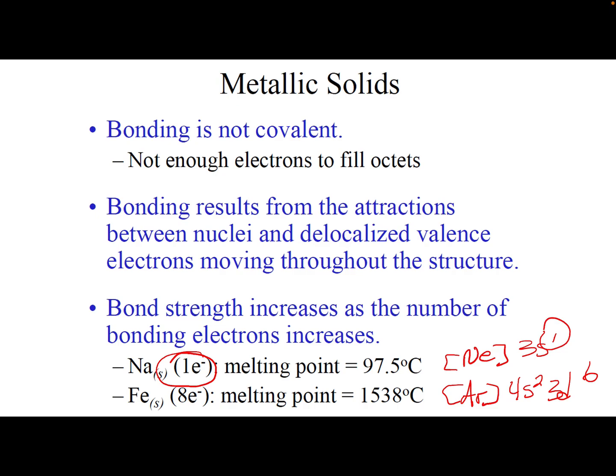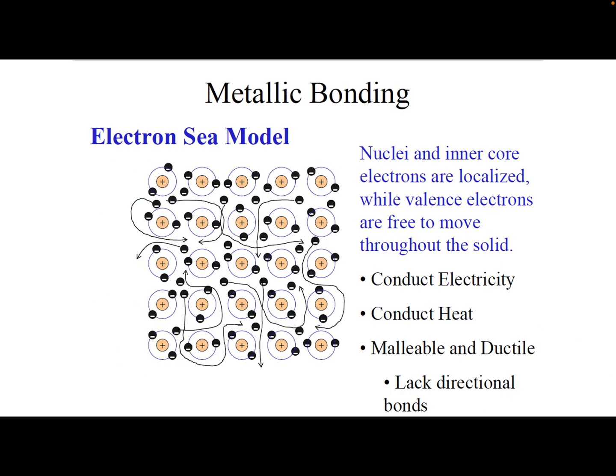Our bonding electrons are any of these that appear after the abbreviated electron configuration. So it's these 2 4s's as well as these 6 3ds. And so there are more electrons. And so the metallic bonds in iron will be stronger, harder to get from a solid to a liquid phase. And so you'll notice the melting point is much, much higher, more energy is necessary.